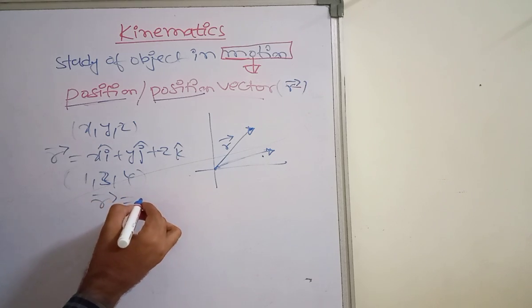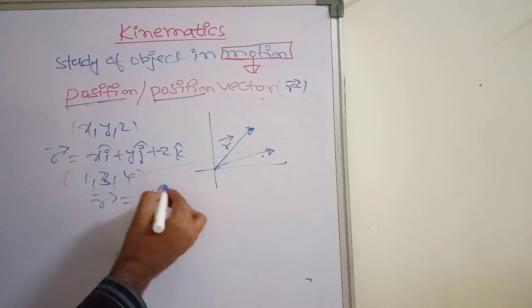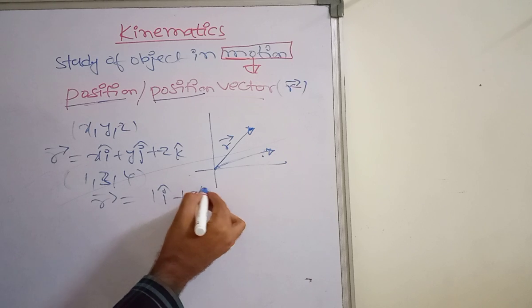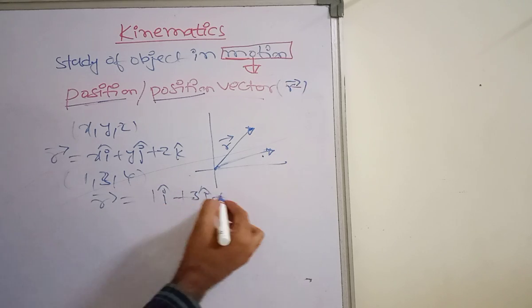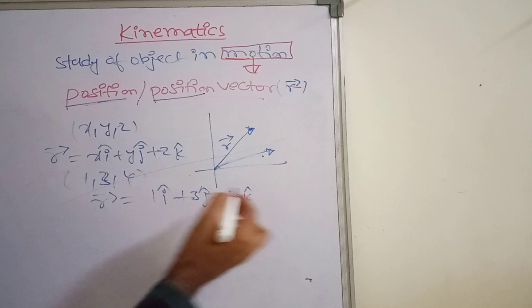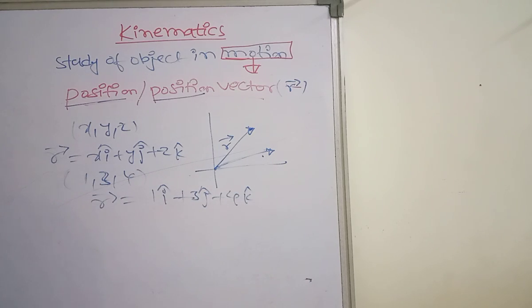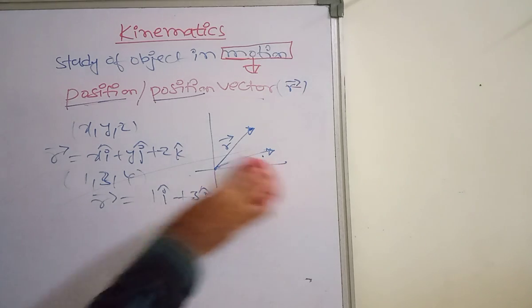Position vector R is equal to 1 i cap plus 3 j cap plus, along the z direction, 4 k cap. So this is about the position vector. We define the position vector by using the reference only.